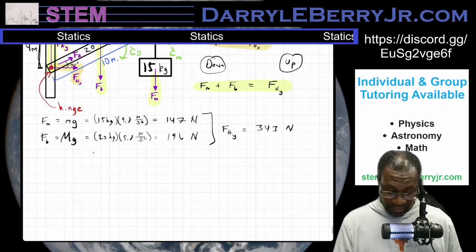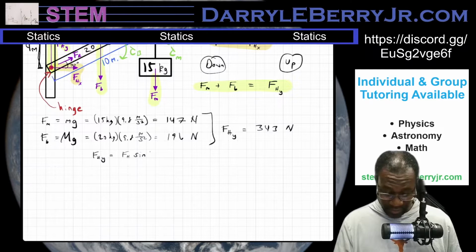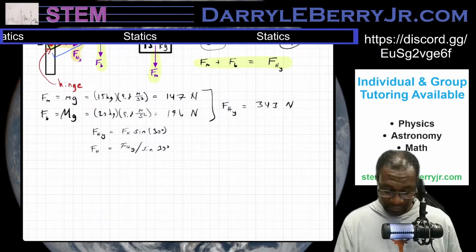So we know that FHY equals FH sine 30 degrees. So that means that FH is FHY divided by sine 30 degrees.